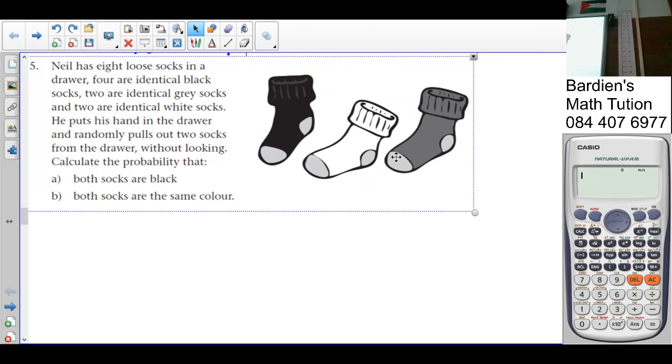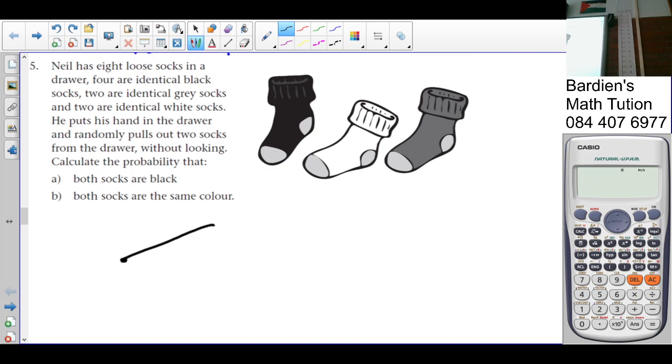He has 8 loose socks in the drawer. Right, let's go with that. I might be wrong, let me just check here. So if he has 8, the total will always be 8. Not so? Okay.